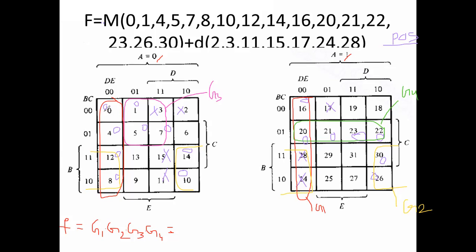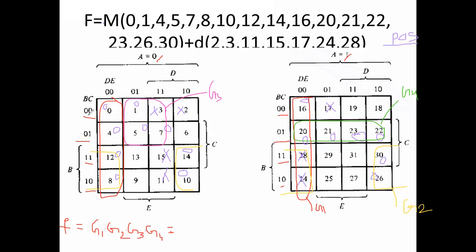Next, try the BC variables here. If you observe the BC variables, this group has 0 0, 0 1, 1 1, 1 0. Here also 0 0, 0 1, 1 1, 1 0. What is the meaning here?